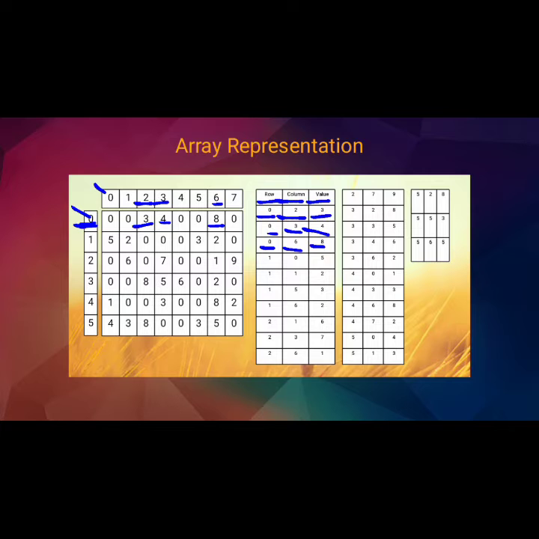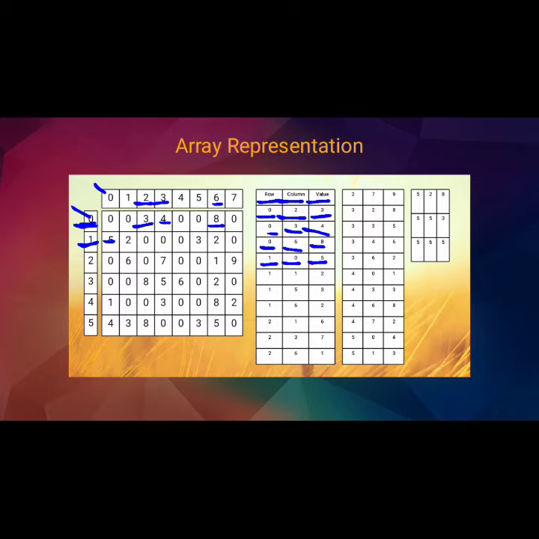Since we found all the non-zero elements in index row 0, now we will proceed to index row 1. In index row 1, in column 0, the value is 5. Same process, we need to find all the non-zero elements.